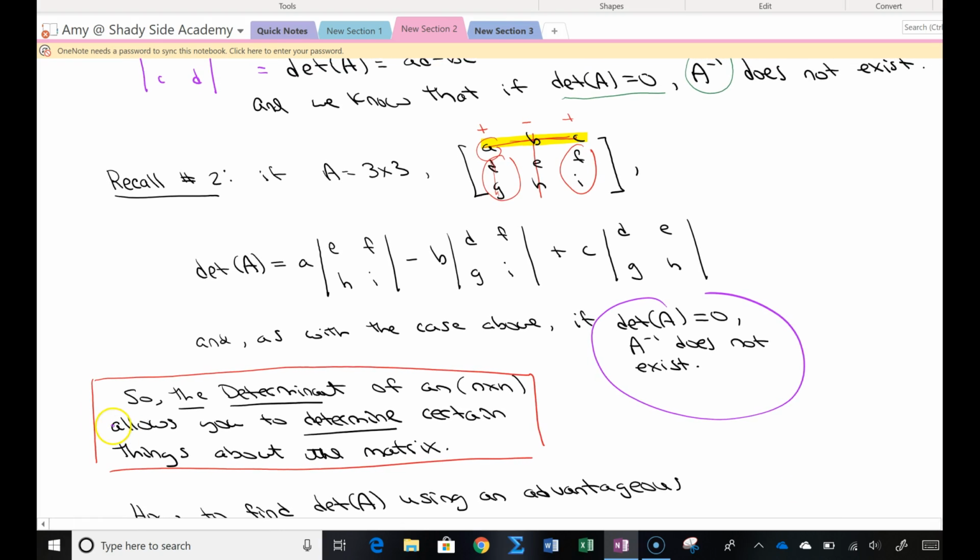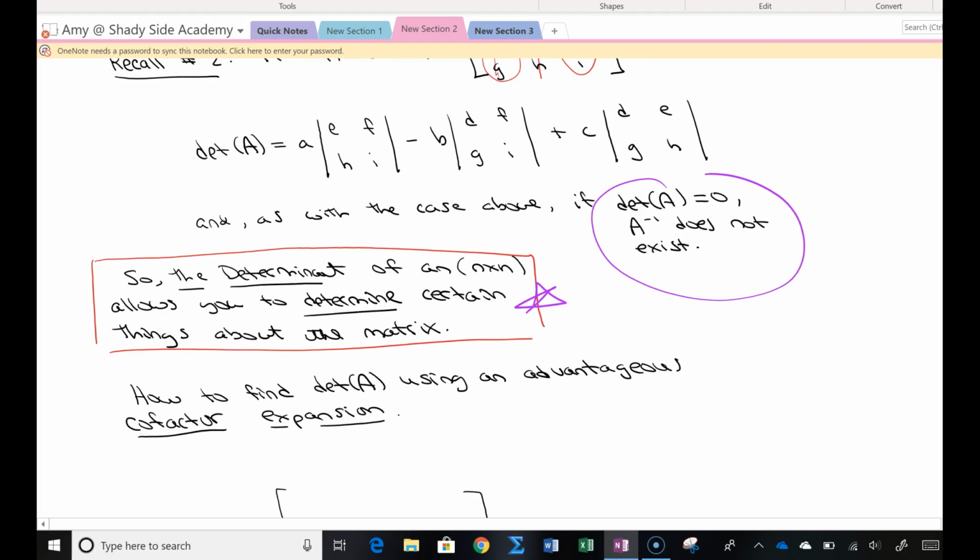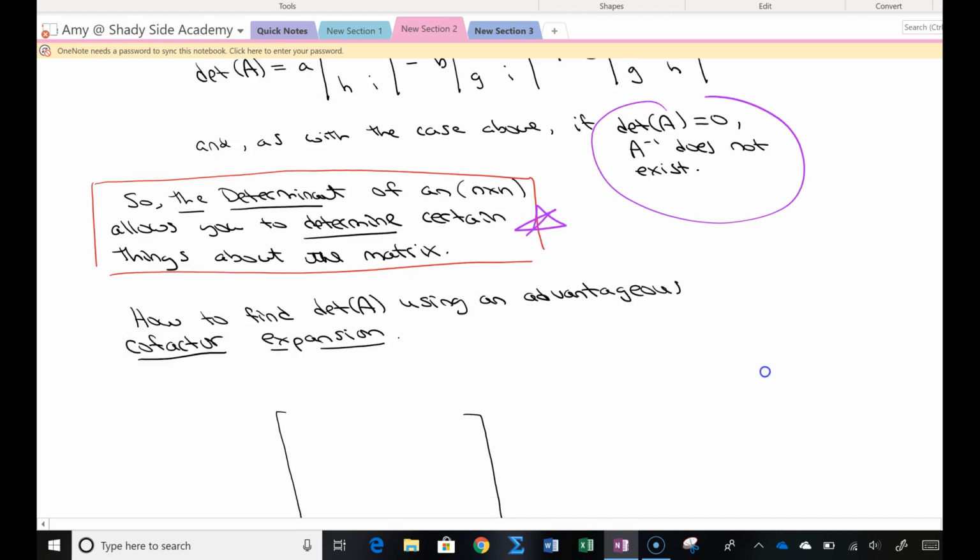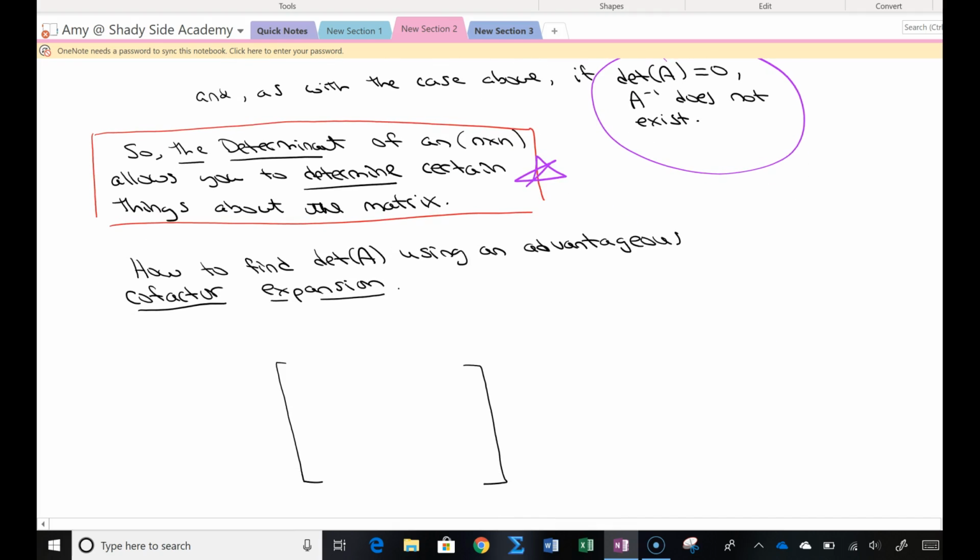And so I just wrote here, the determinant of an n by n matrix allows you to determine certain things about the matrix. And one of the things you can determine is whether or not the matrix is invertible. So what I want to show you right now, new topic number 1, is how to find the determinant of A using an advantageous cofactor expansion, okay?